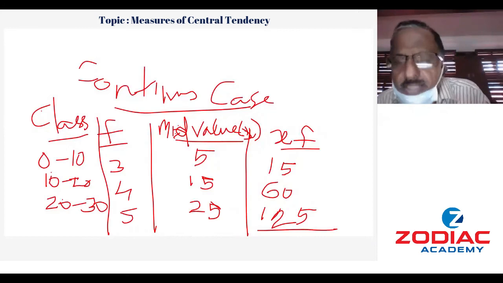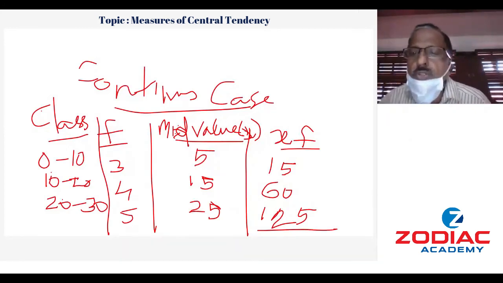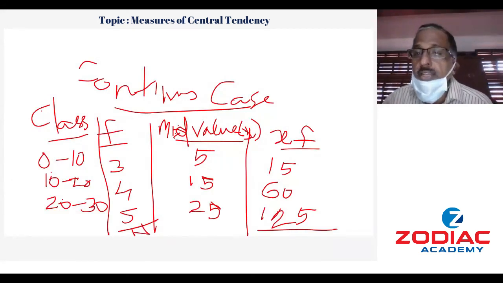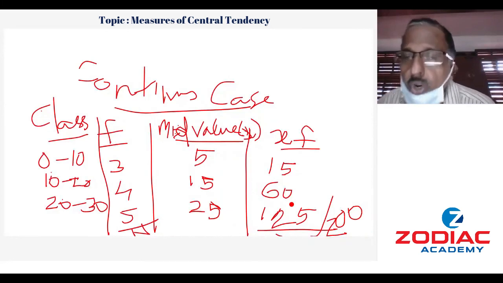The formula is very same as in case 2, that is x bar is equal to sigma xf by capital N. Taking the total of xf, we get 200.